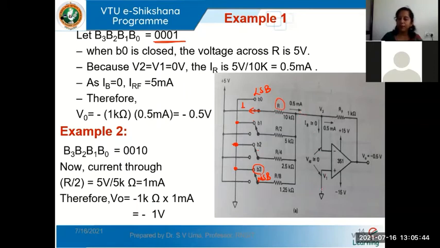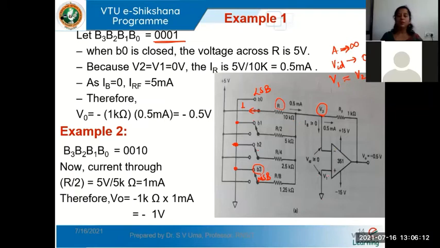If V1 is connected to ground, V2 will also be at the ground potential because of the very high gain of the op-amp. Since the op-amp gain is very, very high, tending to infinity, the differential input voltage will tend to 0, or in other words, V1 is almost equal to V2.